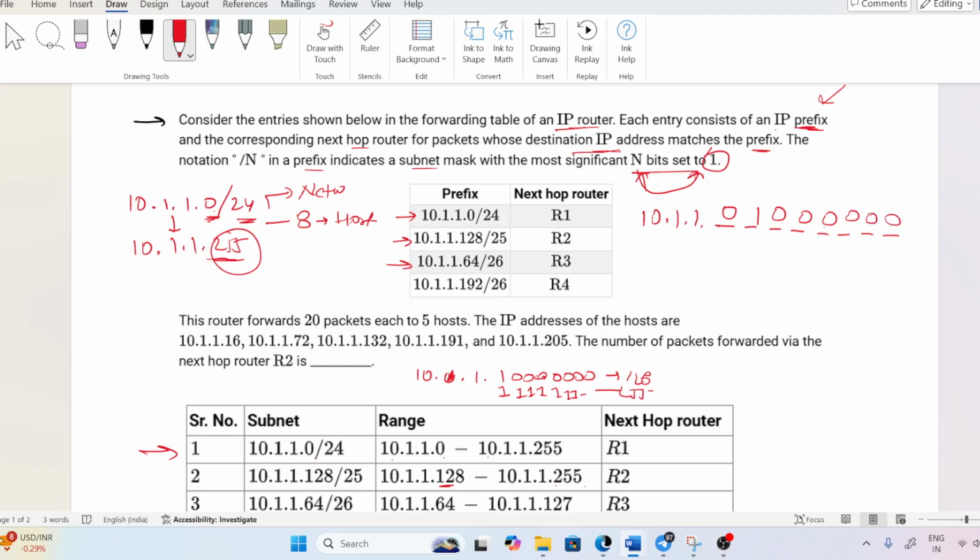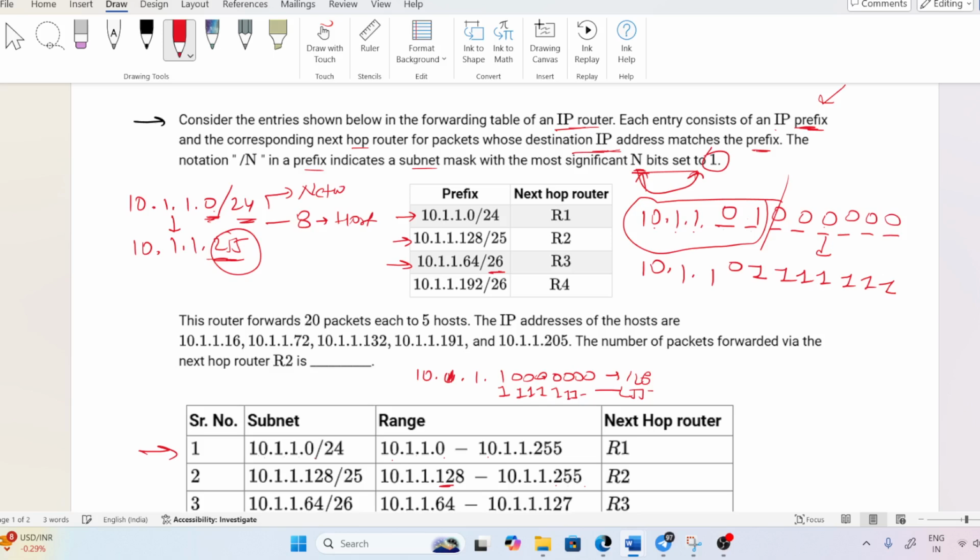This is how I can write 64. Now I need to set the host bits to 1. It says slash 26, so 8 plus 8 plus 8 is 24, then 25, 26. These bits are reserved for the network, so the remaining bits we set to 1, 1, 1, 1, 1, 1.